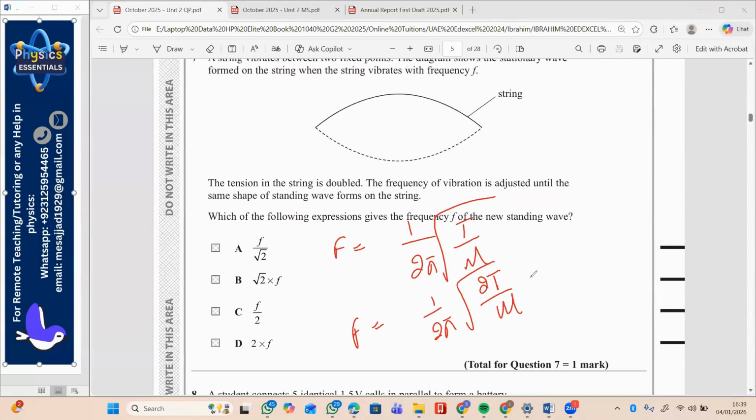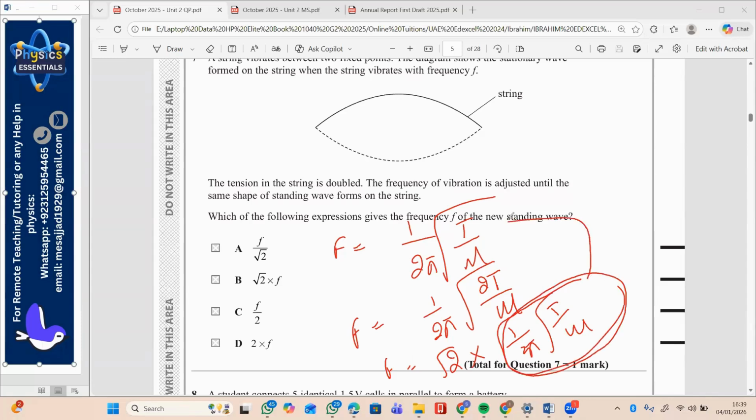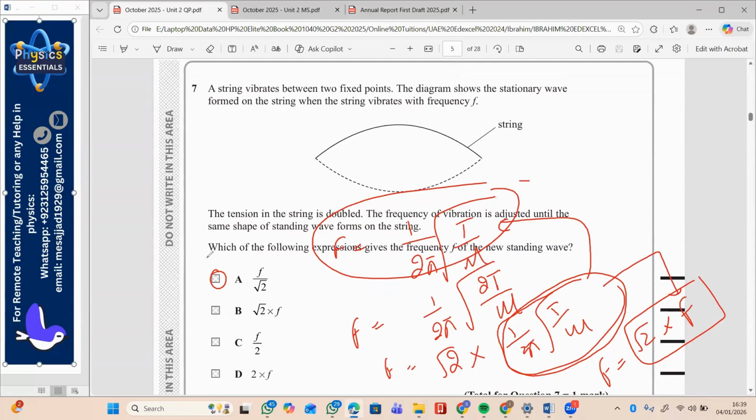And when this 2 comes out, this will become under root 2 times 1 over 2 pi root T over mu. And this whole thing is actually what? F, if you see that. So you can replace this whole thing with frequency. So this should be your answer. And therefore, right away, the option is B.